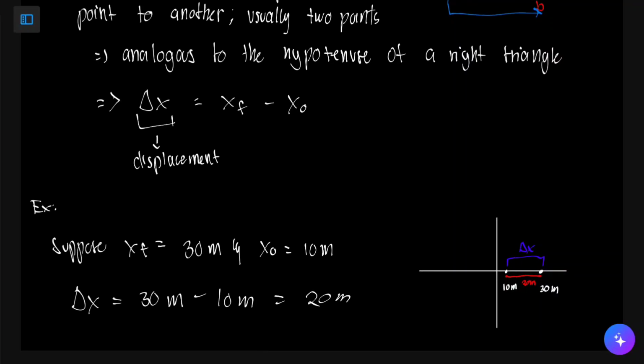Suppose you have your x final at 30 meters and your x initial at 10 meters. What will be your displacement? So your displacement will just be your final subtracted by initial. So that's 30 minus 10. That will give you 20 meters.